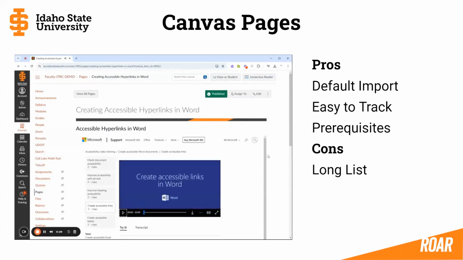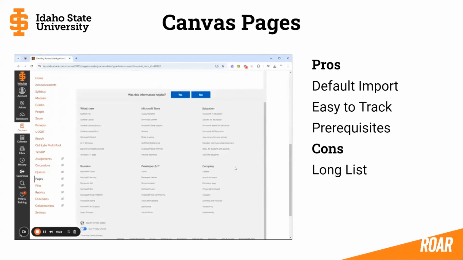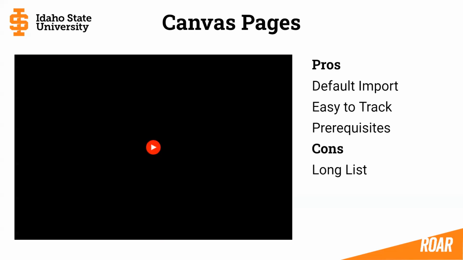So this is a great way if you want to make sure that they read chapter 1 before they get to chapter 2, etc. The con is this makes for a really long list in your module section, which is part of the reason that people use the Moodle books in the first place, is to reduce that long list.